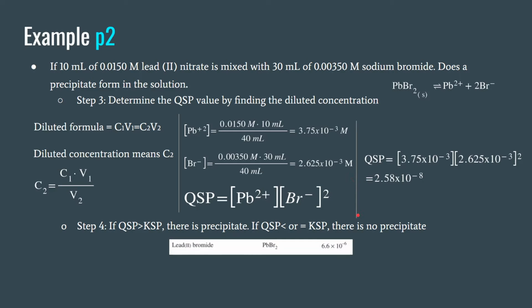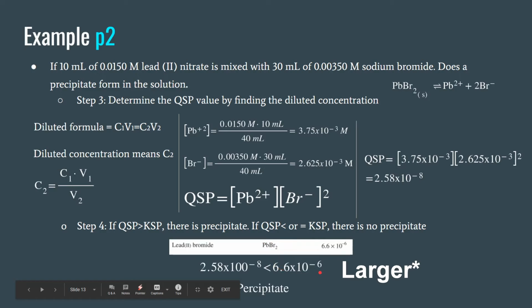And then you can see the KSP of lead bromide or PbBr2 on your KSP chart, which says that PbBr2 is 6.6 times 10 to the power of negative 6, which is larger than 2.58 times 10 to the negative 8, which proves that there's no precipitate that occurs in this type of reaction.